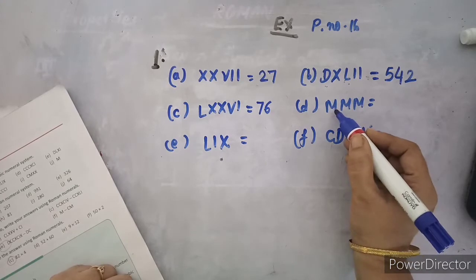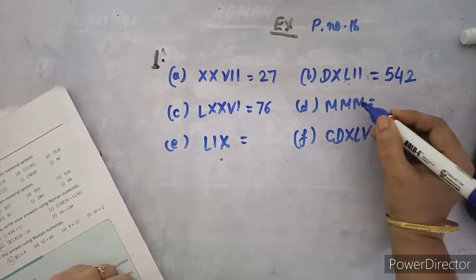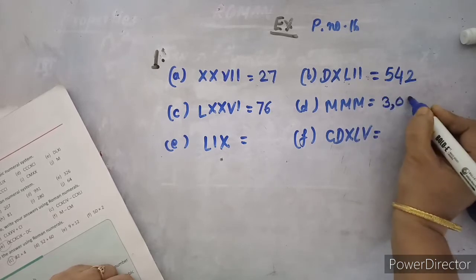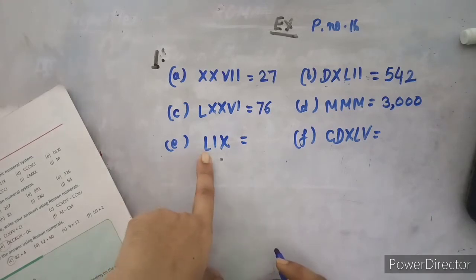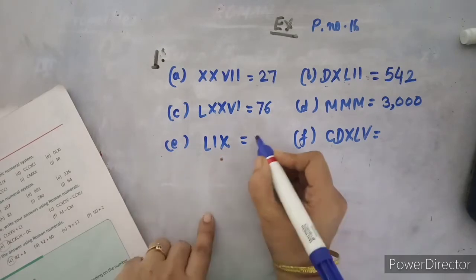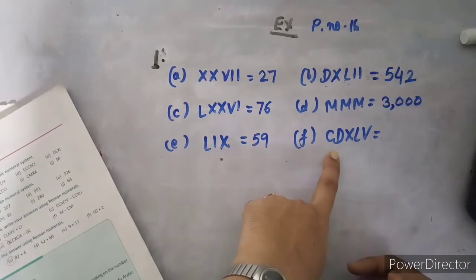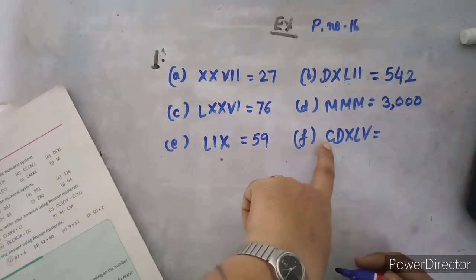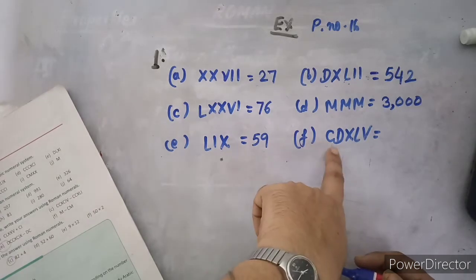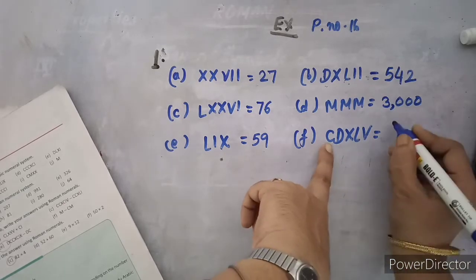Now M represents what? 1000. Now 3 M's are there, that is 1000 plus 1000 plus 1000, that is 3000. Okay. Now go over here, 50 and then your 9, 59. Now here D is what? 500 and this C means 100. Now C is on your left hand side, that means 500 minus 100 is 400.